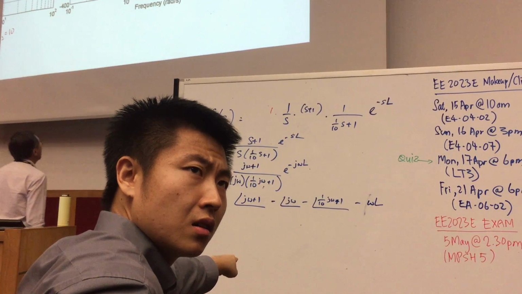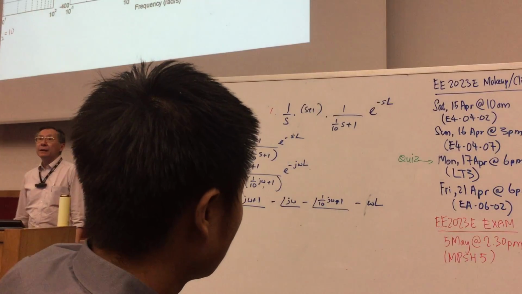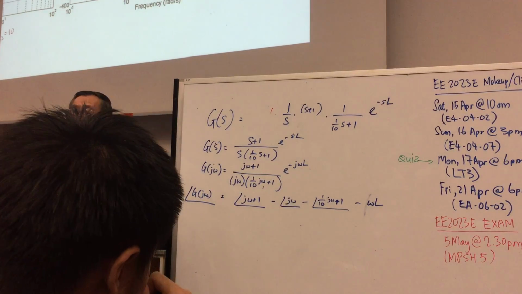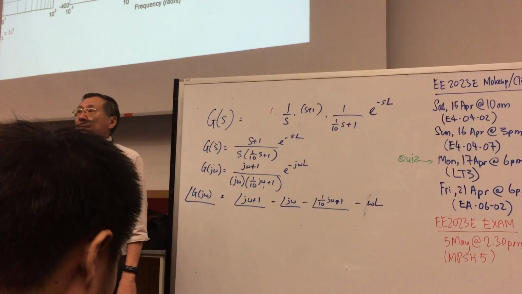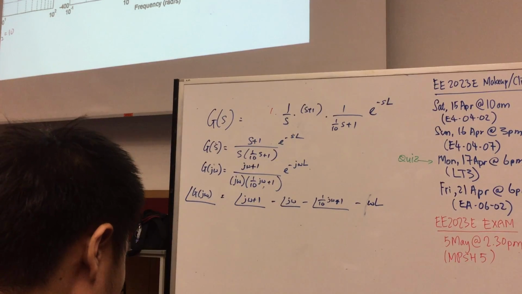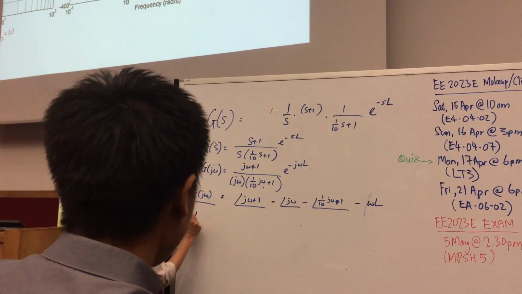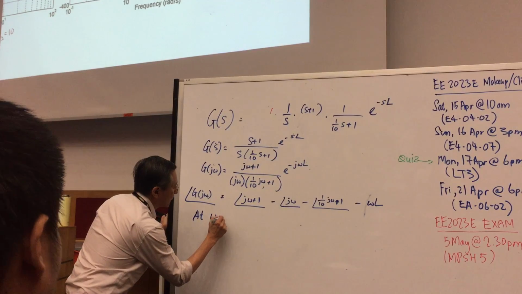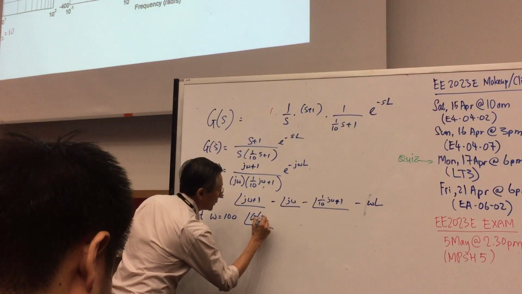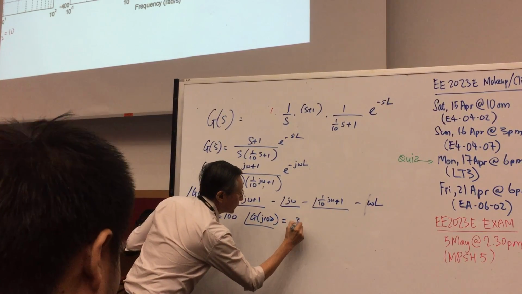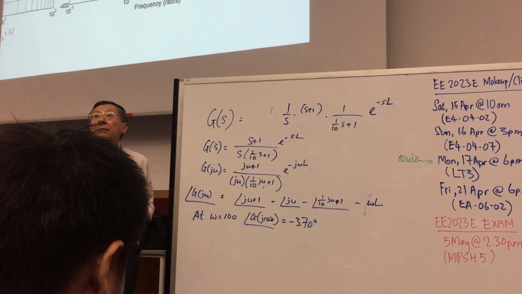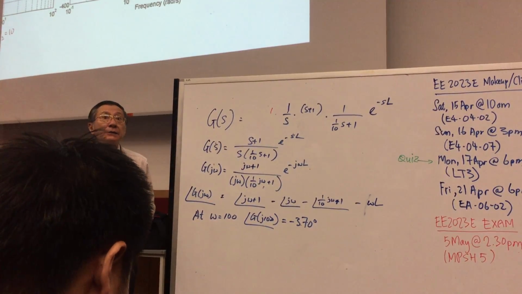At omega equals 100, it has minus 370 degrees. So I solve for L.